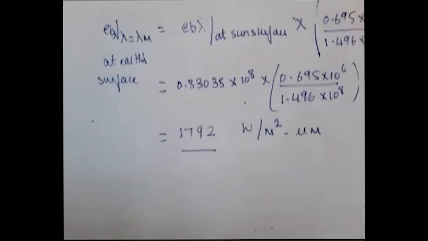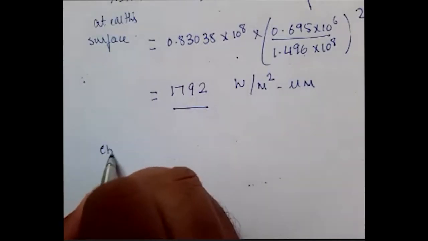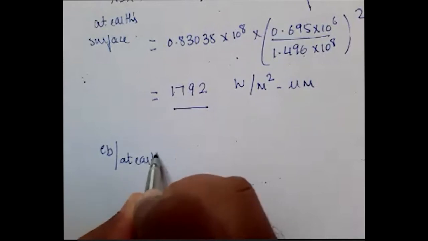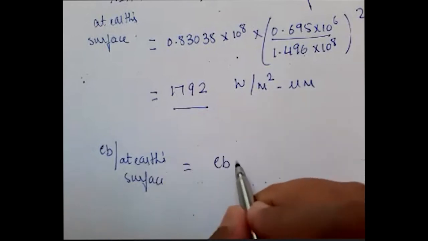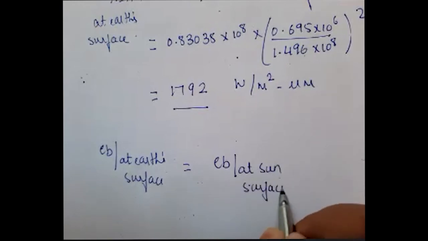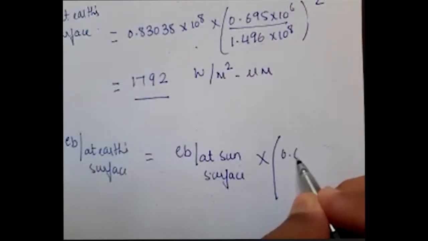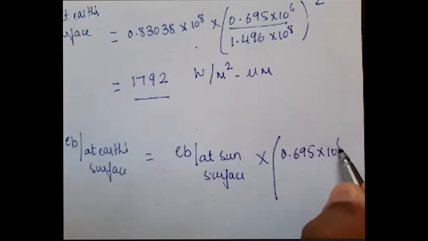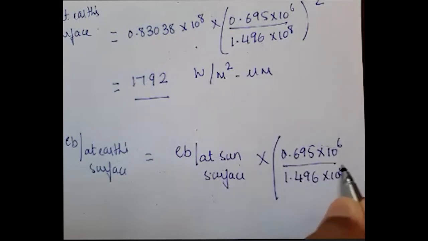Along with that, I need to find out EB at Earth's surface. This will be EB at sun surface multiplied by the square of the distances, 0.695 into 10 raised to 6 divided by 1.496 into 10 raised to 8, squared.